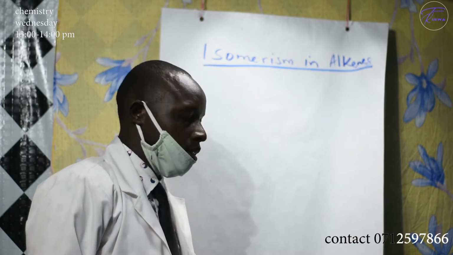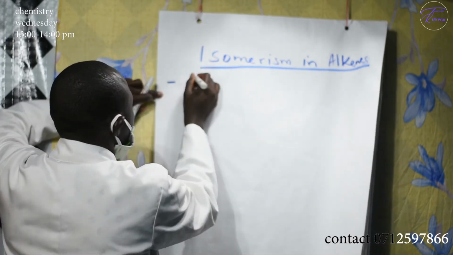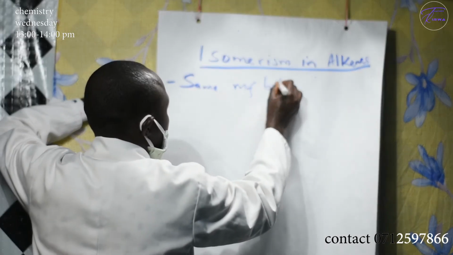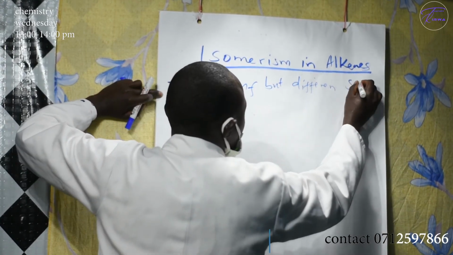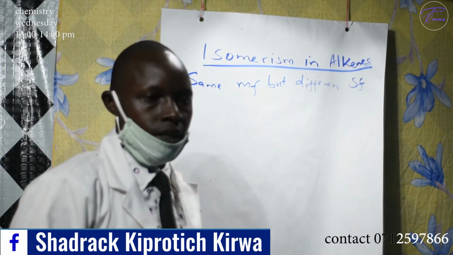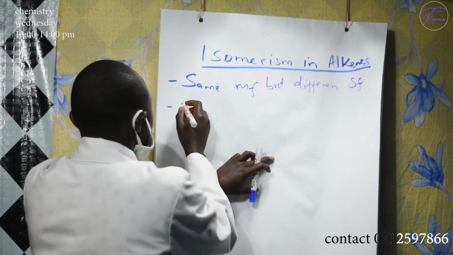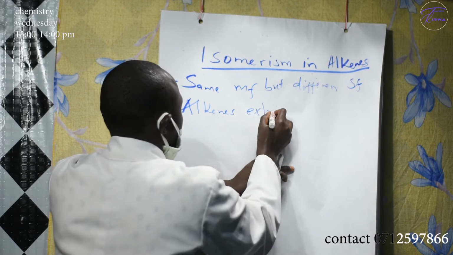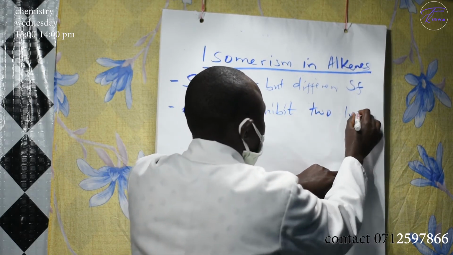That is isomerism. So isomerism is the existence of compounds with the same molecular formula but different structural formulae. Now we can say alkenes exhibit two types of isomerism.